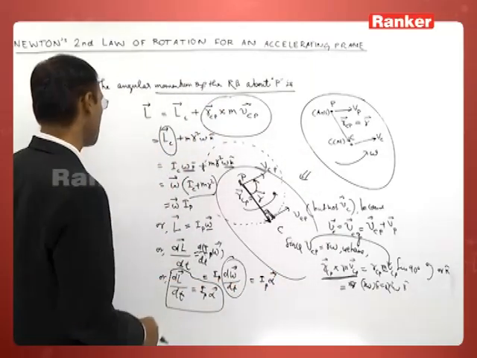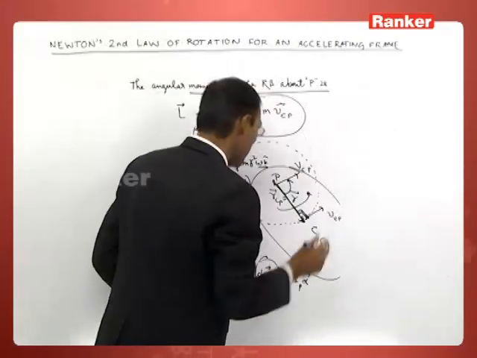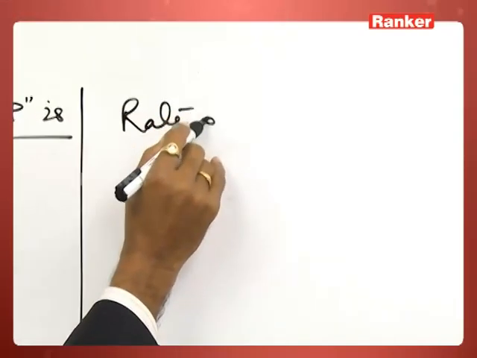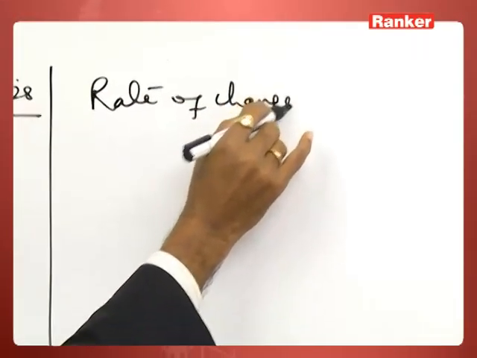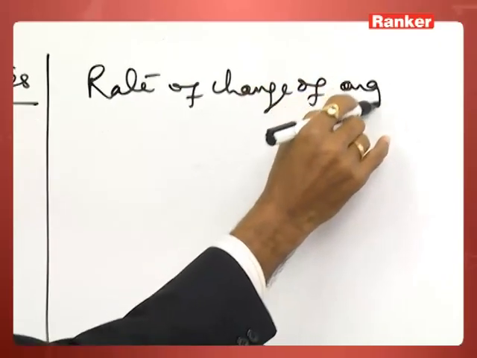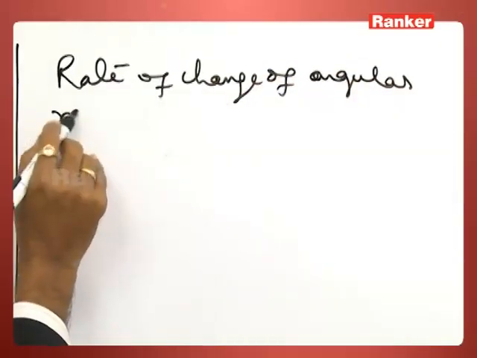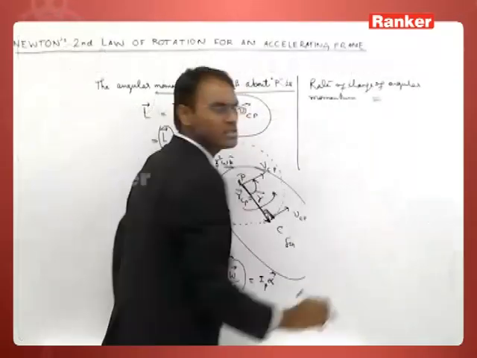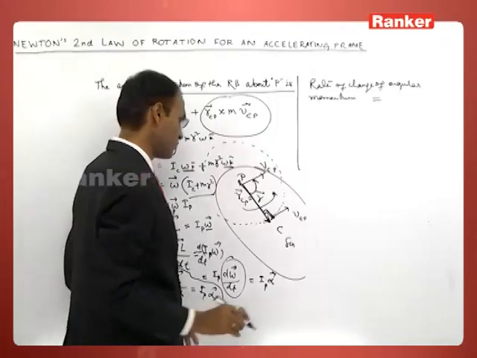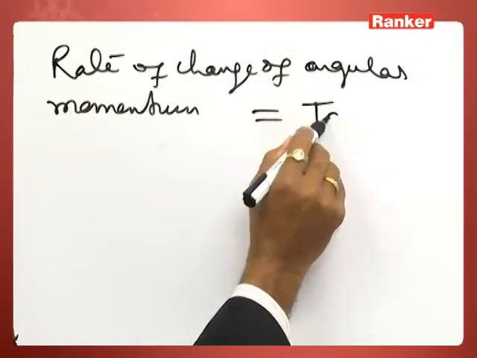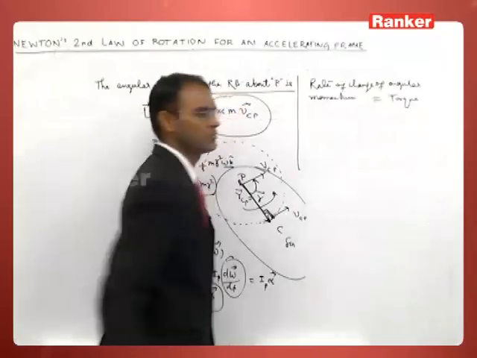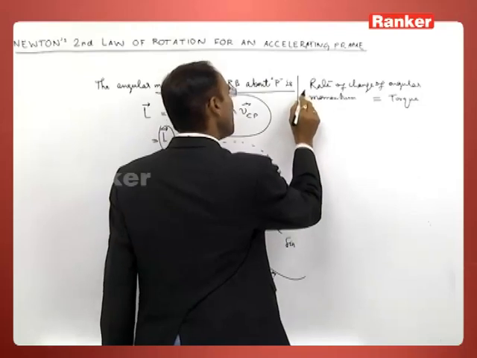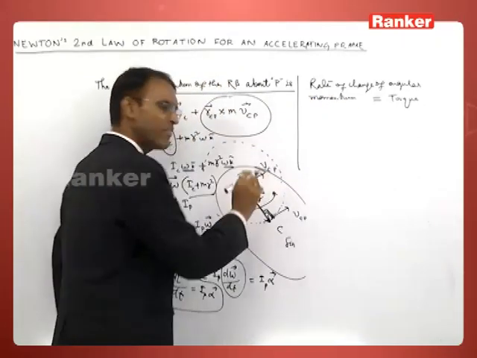If you apply that logic, you will get, when you write rate of change of angular momentum is equal to torque experienced by the rigid body about some reference point.